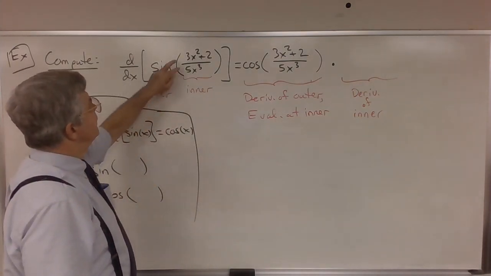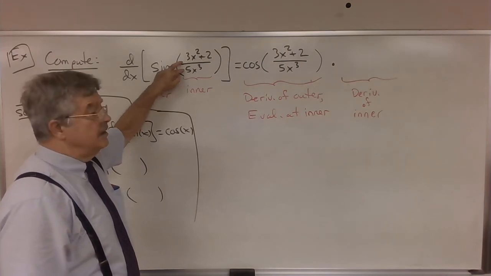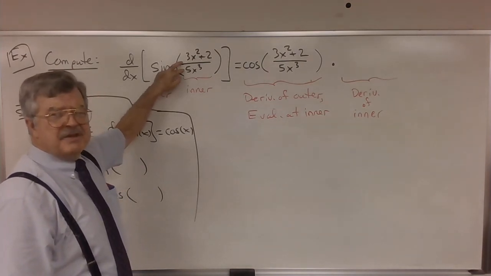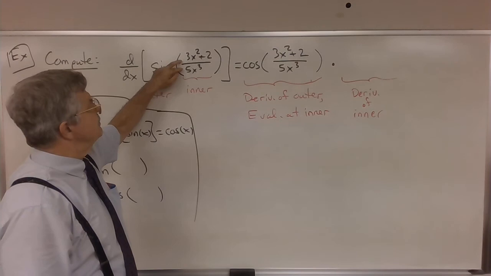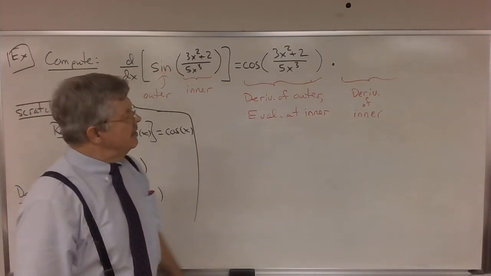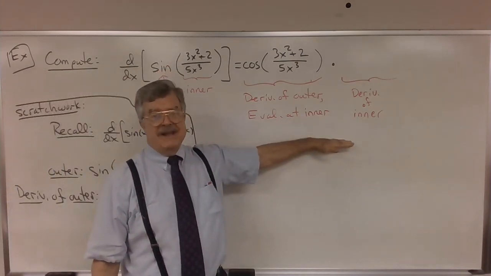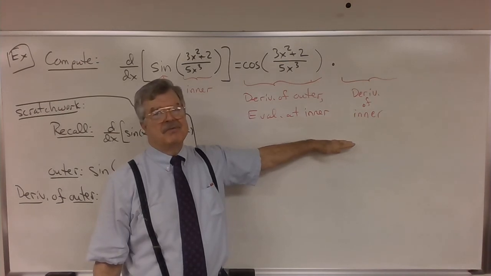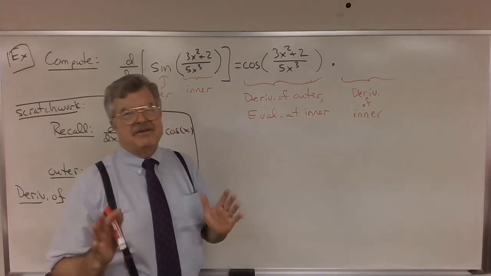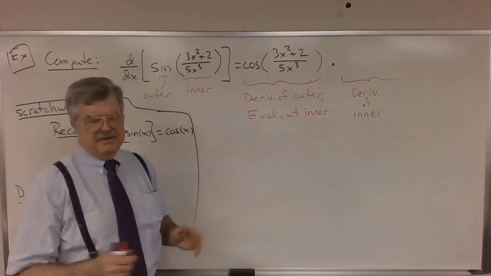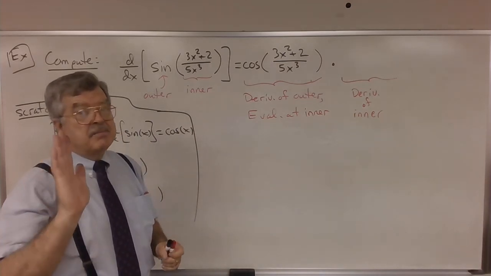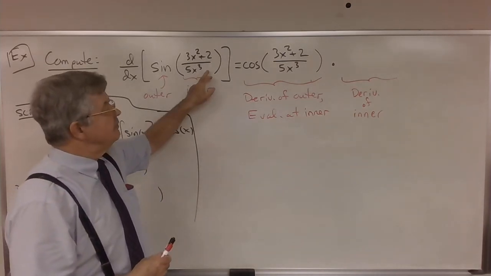Oh no, the inner function is a quotient. I have to use the quotient rule to compute the derivative of this thing. But I'm right in the middle of the chain rule. I don't want to start another rule right now. And I hate to use more than one rule at a time. So I'm going to postpone using the quotient rule.